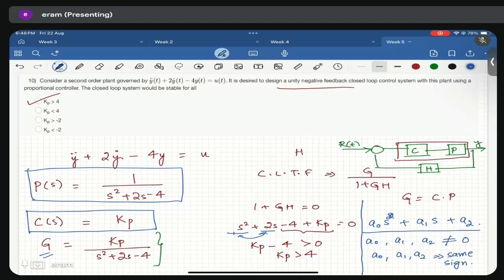So the coefficient of s0, that is the constant term, should also be positive, because we don't want any sign change. This constant term we have written here, and we have to just ensure that this is positive. Now it is clear? Yes, ma'am.